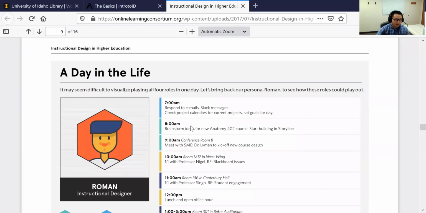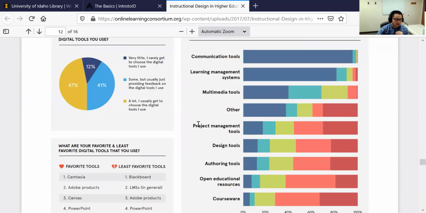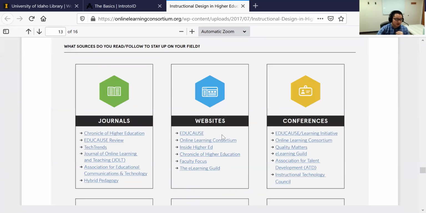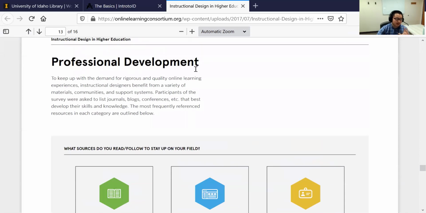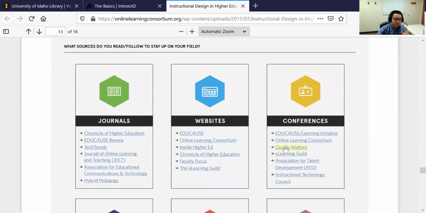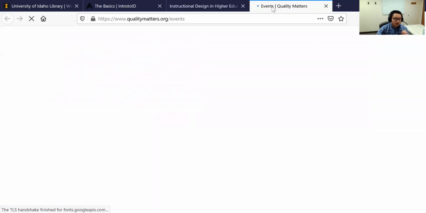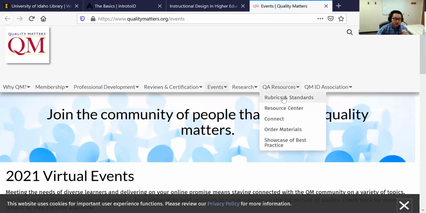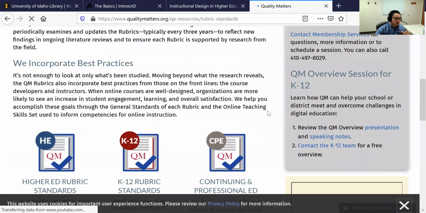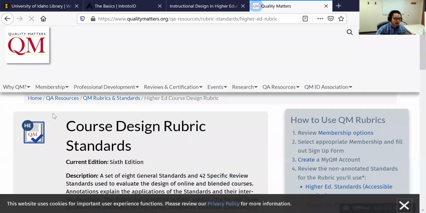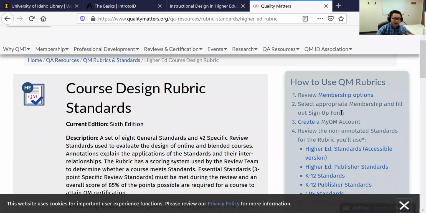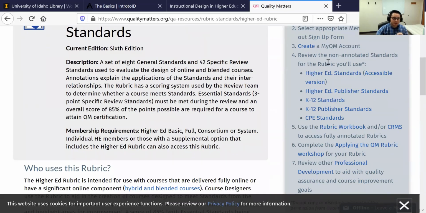One of the many standards that they use, if I skip ahead a little bit, is under the professional development resources page. One of the resources is called Quality Matters. If you go to the QA resources on the rubrics and take a look at the higher education rubric, on the right-hand side it tells you how to use this rubric, and you don't necessarily need a membership, which would cost you money.